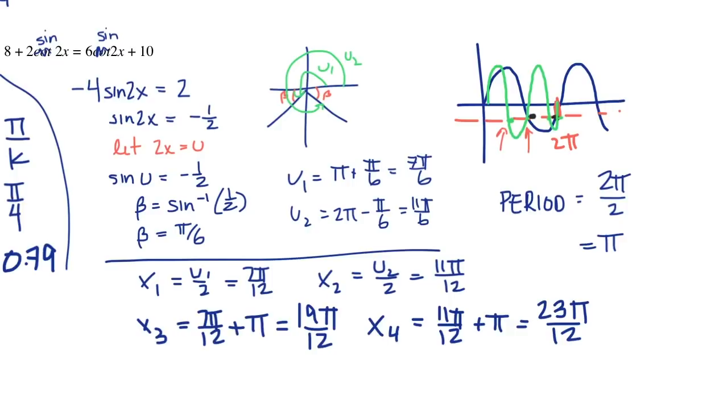Are we still less than 2 pi? Just double check. And the answer is yes. 2 pi would be 24 divided by 12, 24 pi over 12. So we're still less than that. So we found our 1, 2, 3, 4 solutions between 0 and 2 pi.